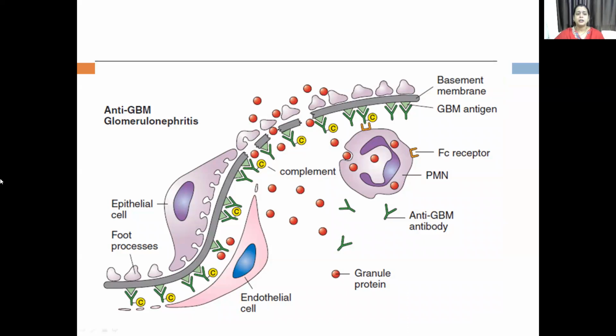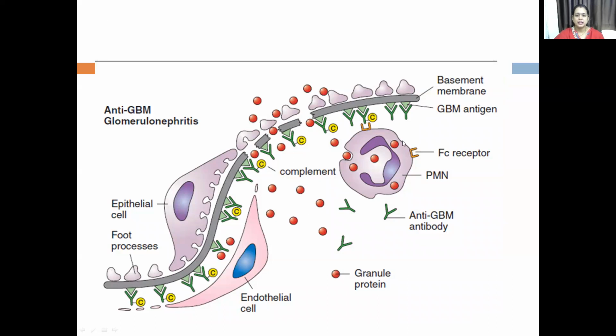So here we are seeing a diagram of anti-glomerular basement membrane glomerulonephritis. Here you can see that this glomerular basement membrane is identified as an antigen itself, and then the antibodies are reacting to it.